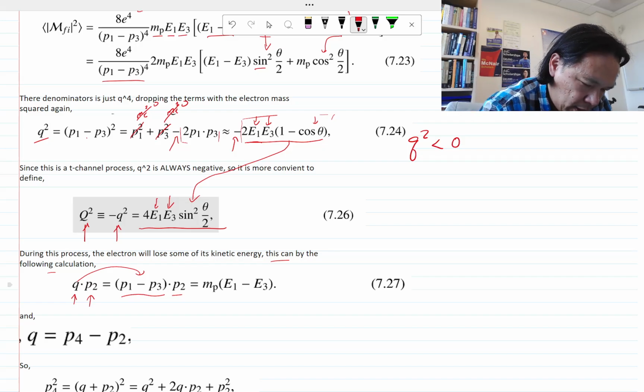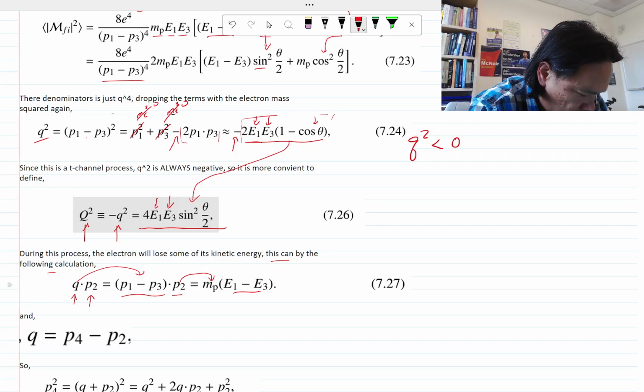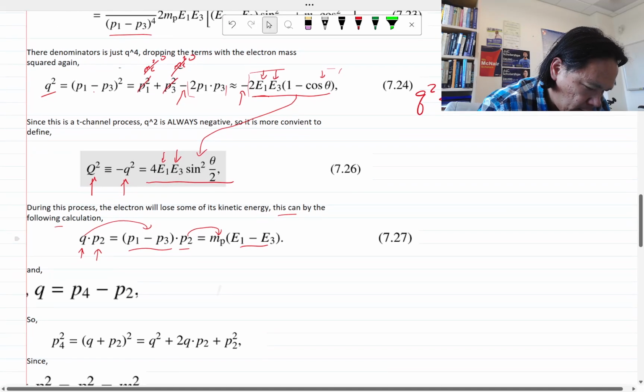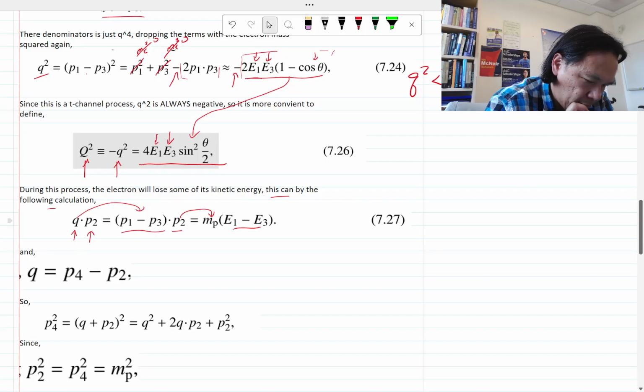Well, P2 is simple. P2 is just the mass of the proton. The 4 vector P1 minus P3 is actually E1 minus E3.